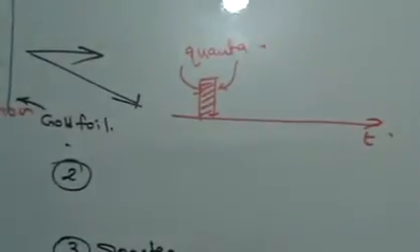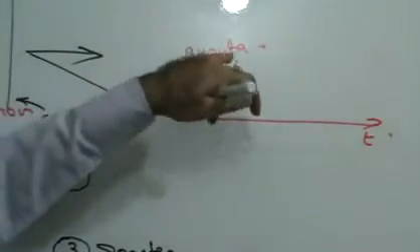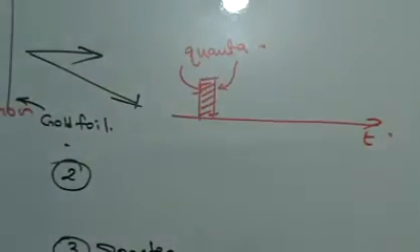When you have many quanta, that's called quantum. So Niels Bohr's theory is a quantum theory. It is based on the energy possessed by the atom and the electron. The theory works on the energy that is possessed by the electron. Why do we get this thing here?